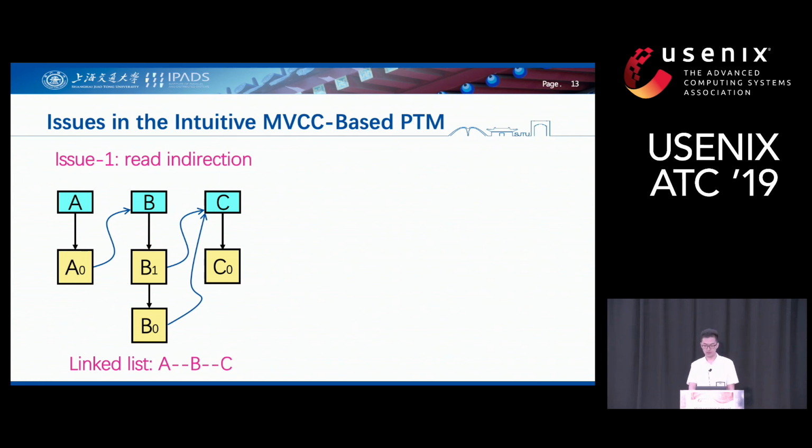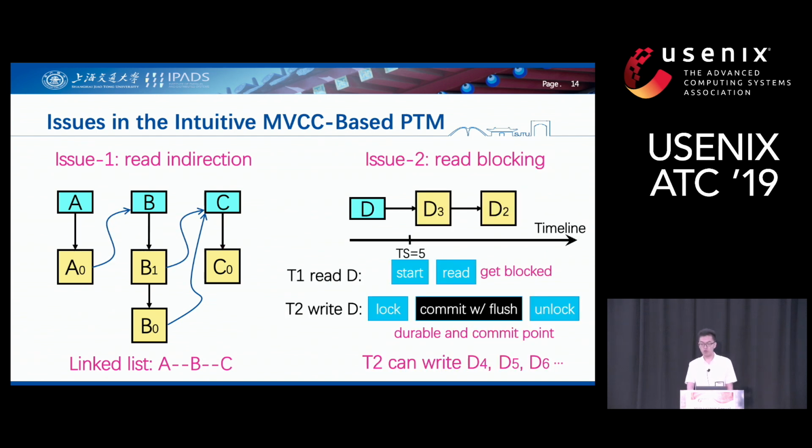First is the read indirection problem, which leads to extra random memory accesses. Take a linked list as an example. If a transaction traverses this three-object linked list, where A points to B and B points to C, it actually needs to traverse a much longer list, which at least contains 3 objects and 3 object IDs. The second problem is that read operations may still be blocked by the NVM persist operations.